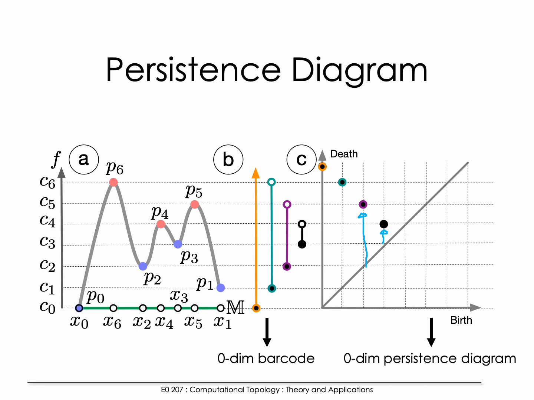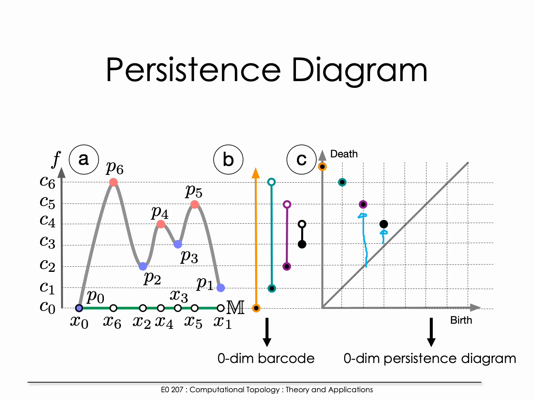For technical reasons, the persistence diagram also contains all the points on the diagonal. But what is important for us are the 4 points, the black, magenta, cyan, and the orange, which correspond to the different critical point pairs, the different components that correspond to the level sets as we sweep up in increasing order of function value.